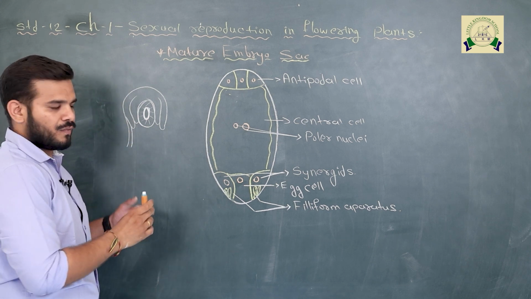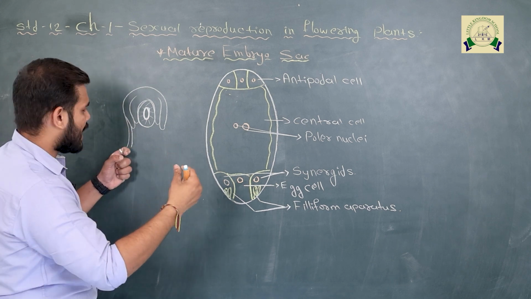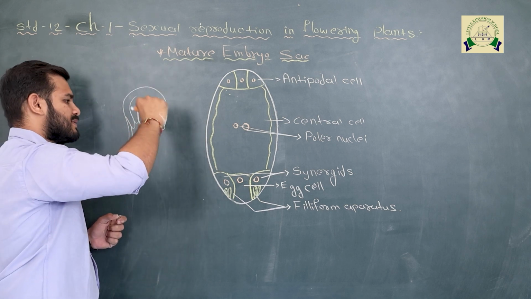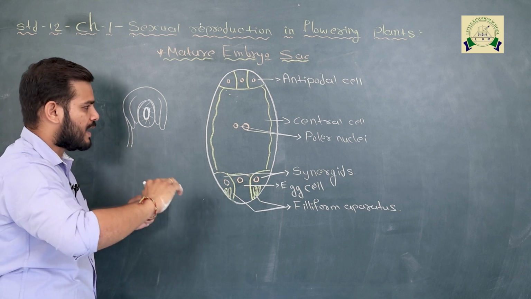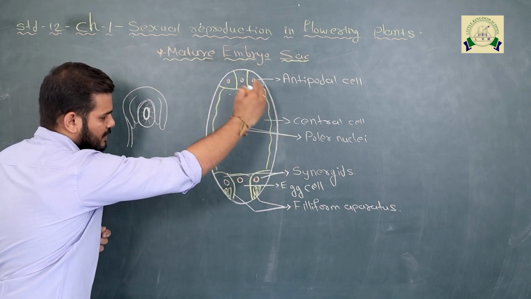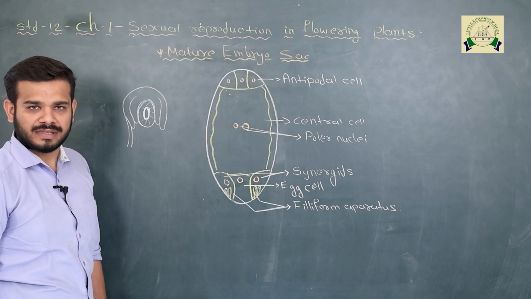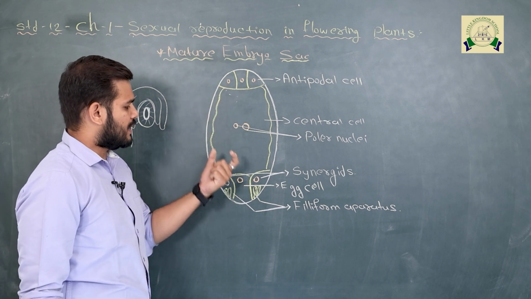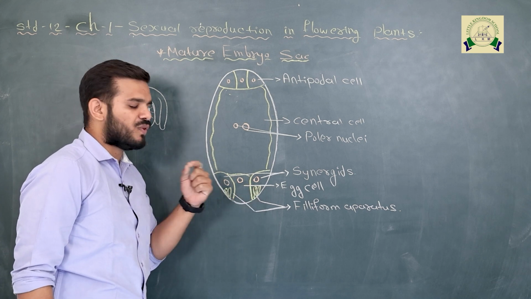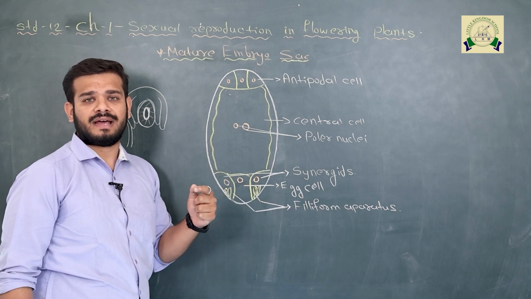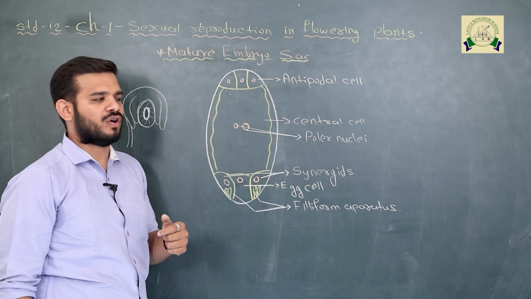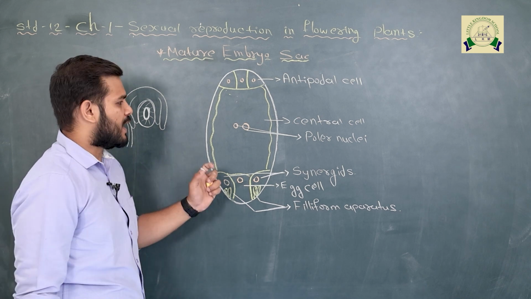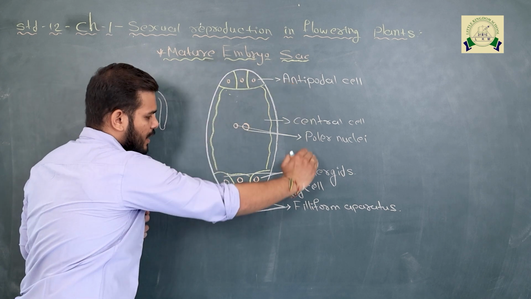At last we are drawing a very large diagram, so you can clearly understand where exactly embryo sac is present. But right now these are the structures of embryo sac. What is the function of polar nuclei, antipodal cell, synergids, egg cell and filiform apparatus we are going to discuss in the next topic, or most probably in the fertilization topic, but right now we need to understand only up to this.